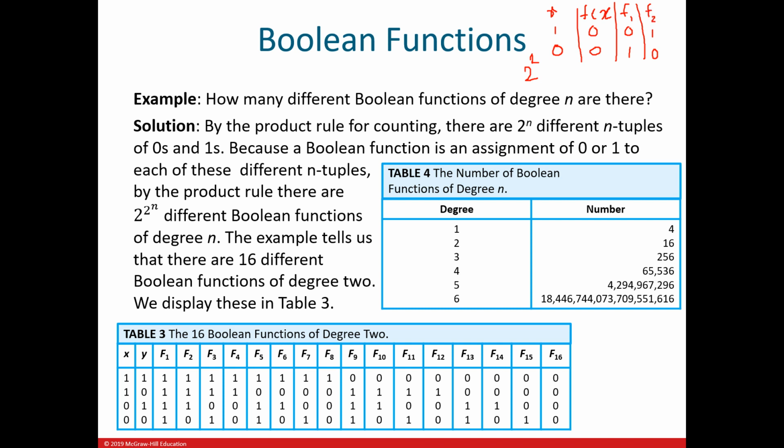And then another function 3 might give me both values as 1, and those are the only functions I can build when I have a single variable. Whenever I have degree 1, I have two possible values of that one variable, 1 or 0, and for these two values I can build 4 functions.